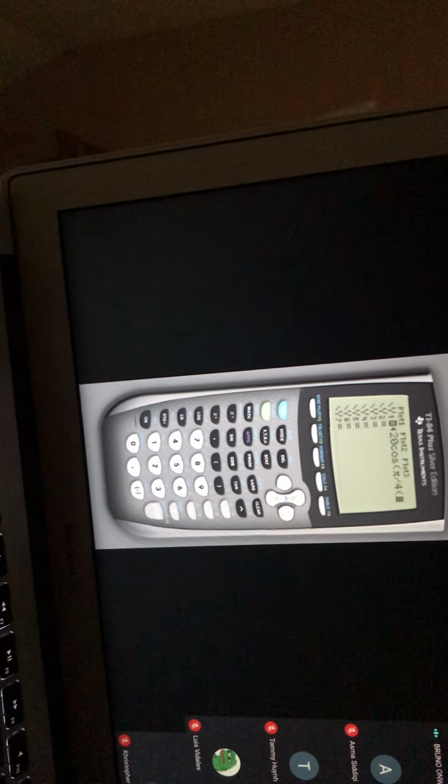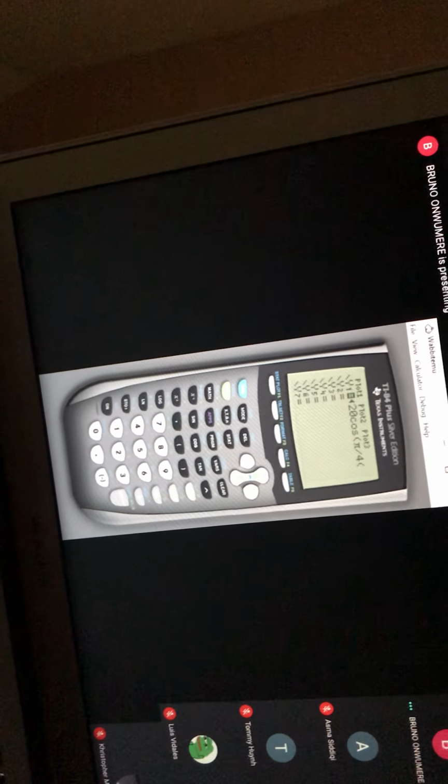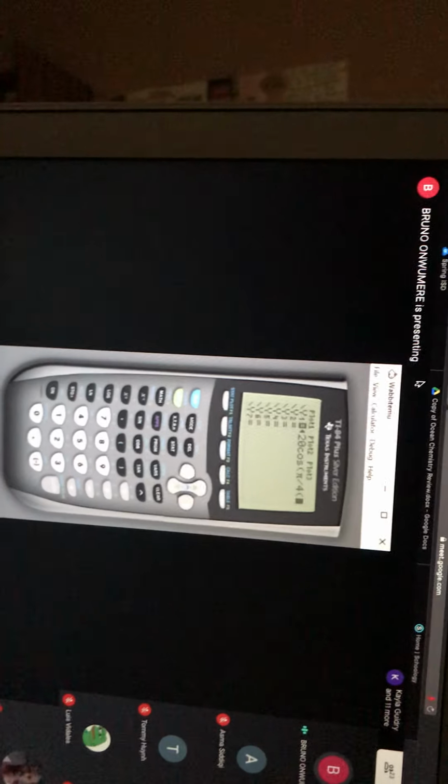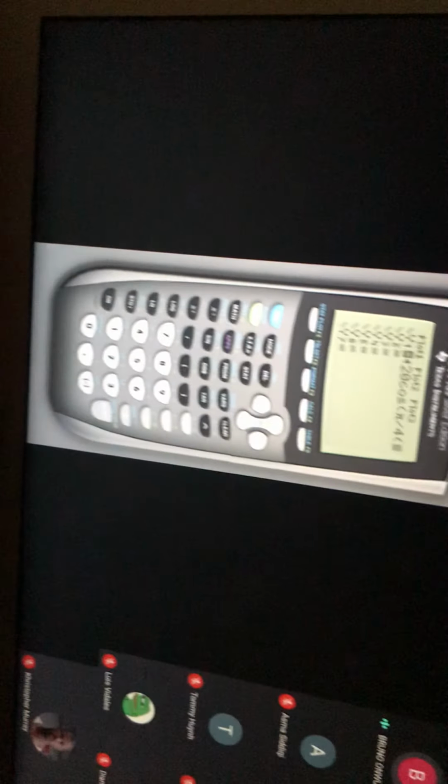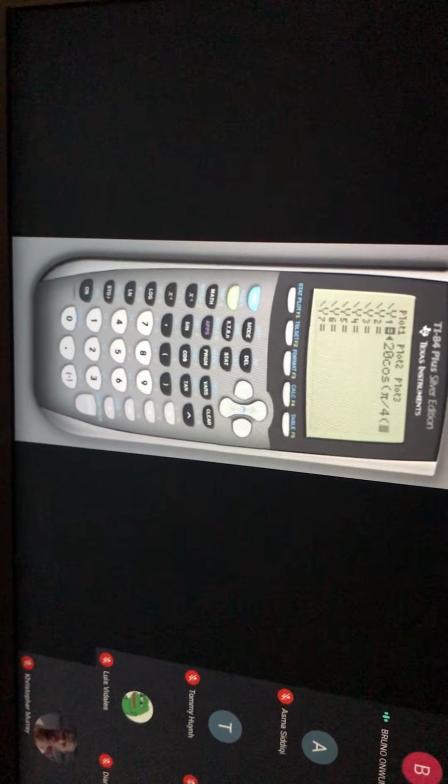See what I'm putting. So I put 23 plus 20. Okay, cosine of pi over 4. I open a parenthesis. I open another one after I put pi over 4. Now I'm going to put in x. x minus 3.